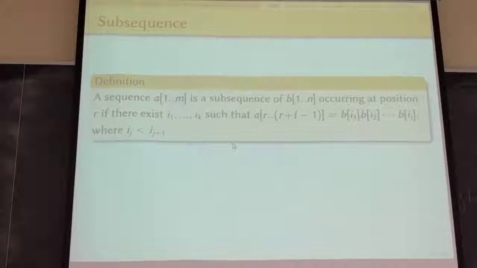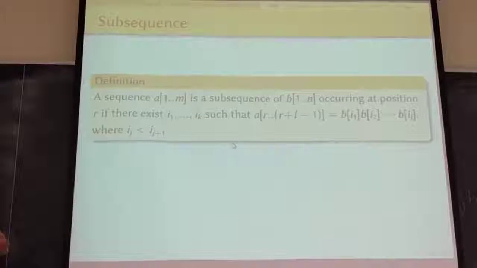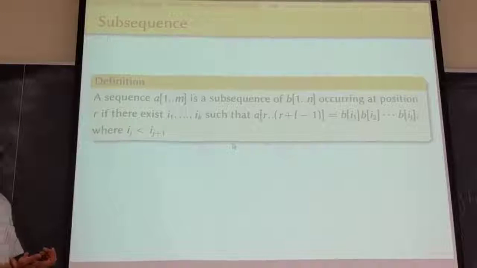So now we'll define the canonical dynamic programming problem, which is on subsequences. Okay. So remember, this is not longest increasing subsequence. We are talking about, given two strings A and B, we want to find the longest common subsequence.